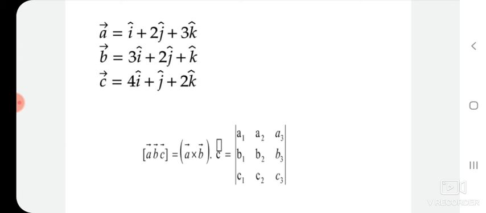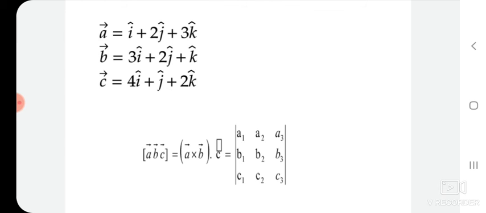You have to solve this problem and write down the final answer in the comment section. Vector A is equal to i plus 2j plus 3k, vector B is equal to 3i plus 2j plus k, vector C is equal to 4i plus j plus 2k.